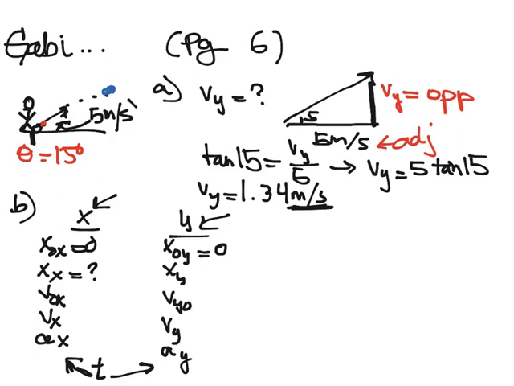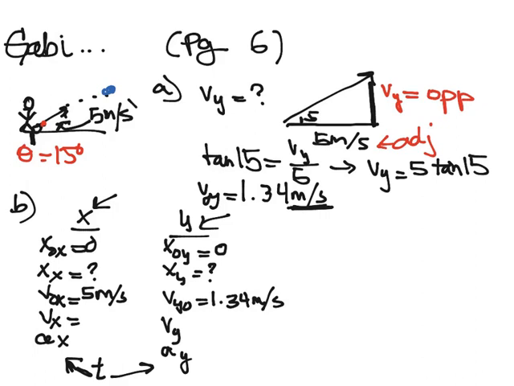And Vy, that's also a question mark. V naught x, we know, is 5 meters per second. And we just found V naught y is 1.34 meters per second.